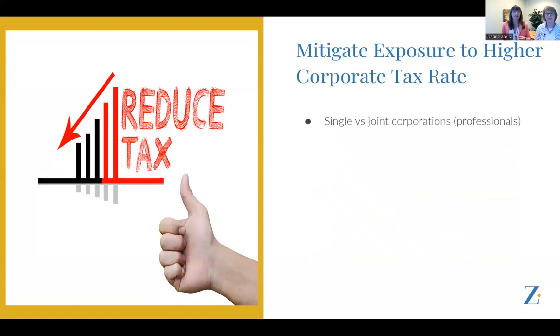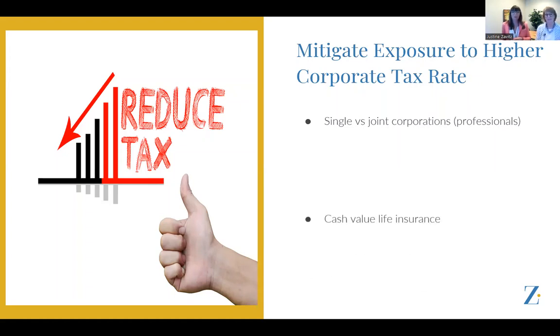Now, when you have a joint corporation, you are accumulating assets at a much quicker pace, which will drive up your passive income quite significantly. You're a lot faster within that corporation. But you also might be earning enough money together that the corporate profits are surpassing the $500,000 as well. So a single versus a joint corporation is something to consider short-term and long-term.